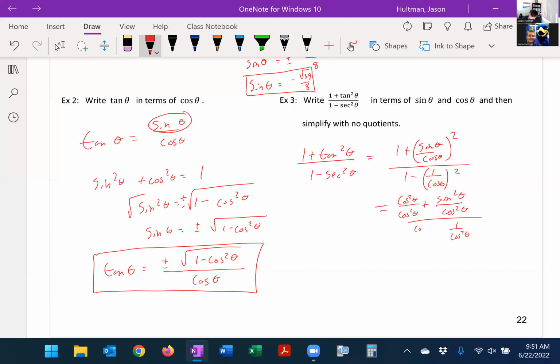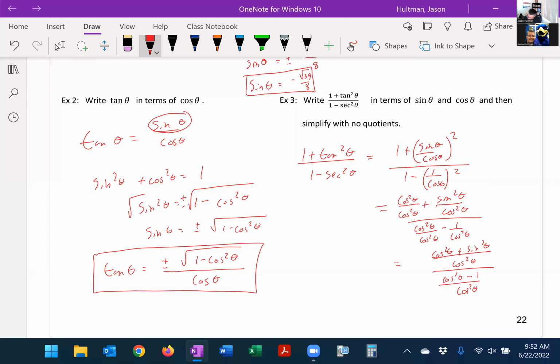And so this becomes cosine squared theta over cosine squared theta, that's a minus sign. And so I'm going to get this equal to cosine squared theta plus sine squared theta all over cosine squared theta, all over cosine squared theta minus 1 over cosine squared theta.